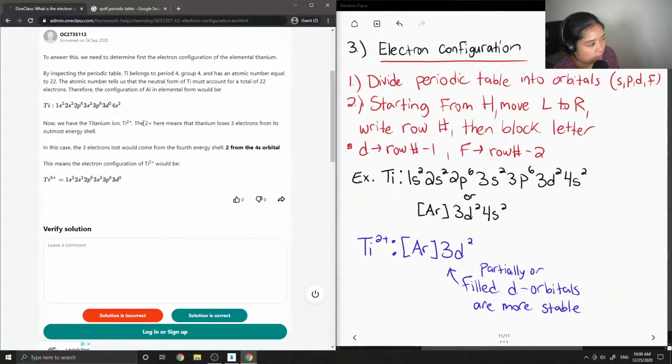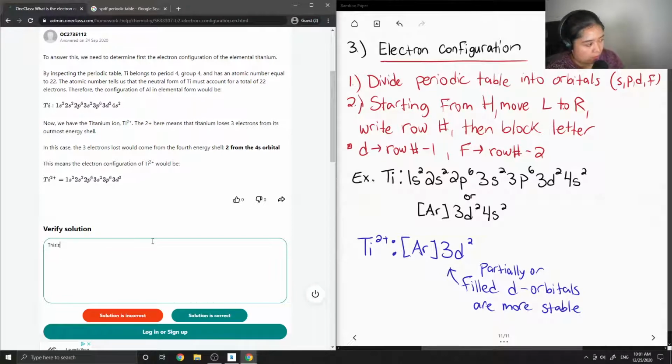Now we have the titanium ion. The 2 plus here means that titanium loses, I think they mean, 2 electrons from its outermost shell. In this case, the 2 electrons lost would come from the 4th energy shell, 2 from the 4s orbital. This means that the electron configuration would be 1s2, 2s2, 2p6, 3s2, 3p6, 3d2.